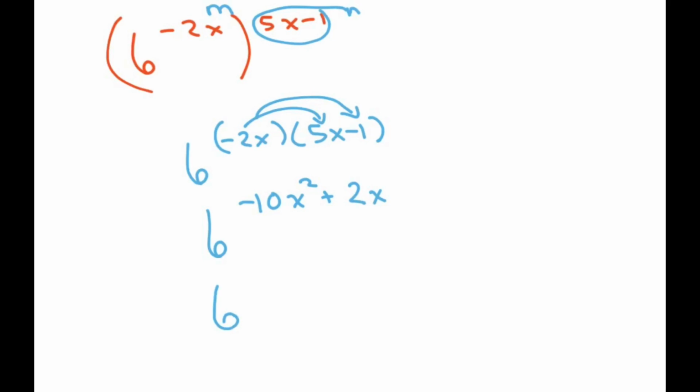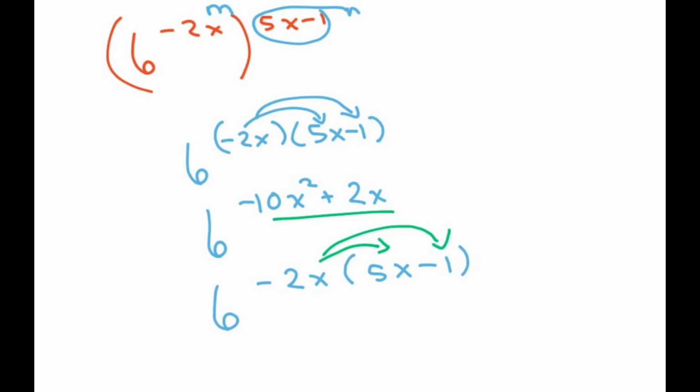And if you want, you can factor out negative 2x. When you do that, you'll get 5x minus 1. And think about it, if you distribute back, you'll get this back. So when you factor out a negative, you've got to change that sign.